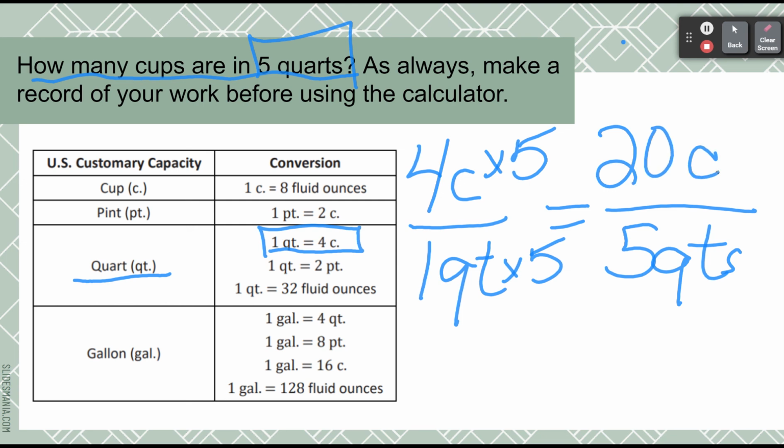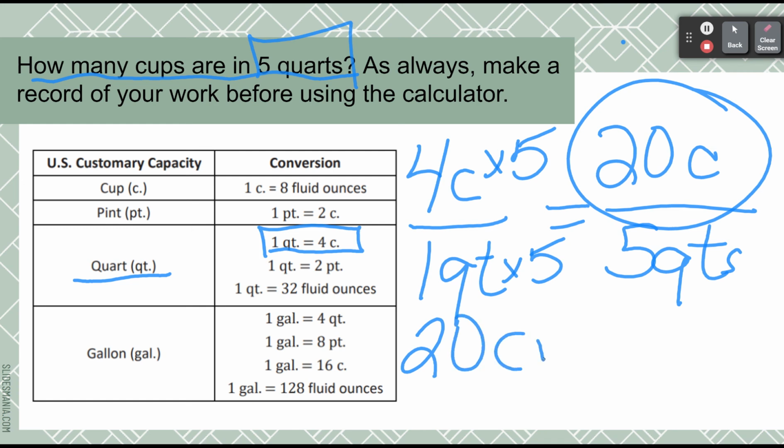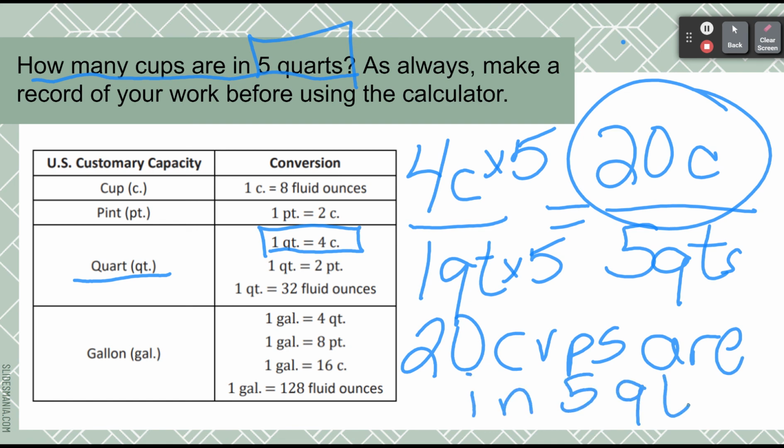So I can answer this question by stating 20 cups are in 5 quarts. That's really terrible writing. I apologize.